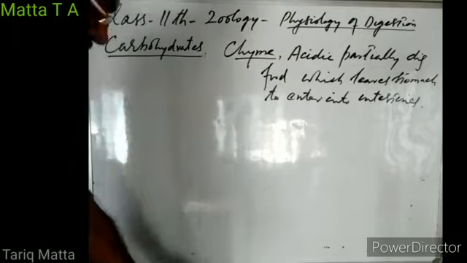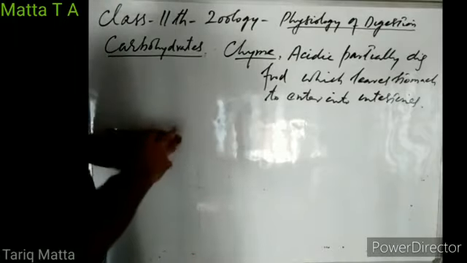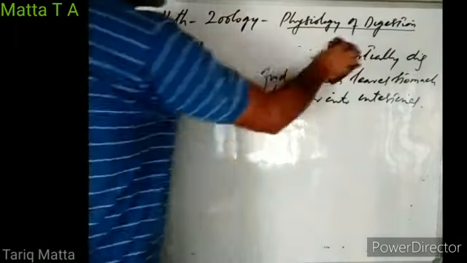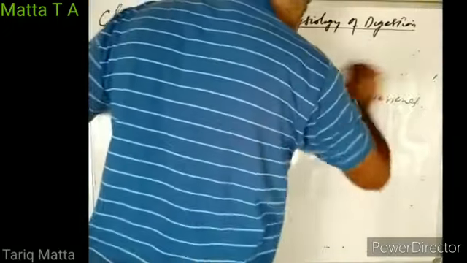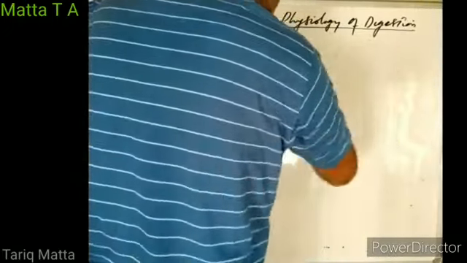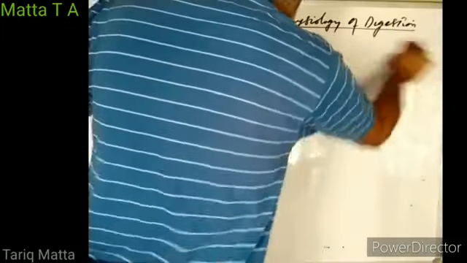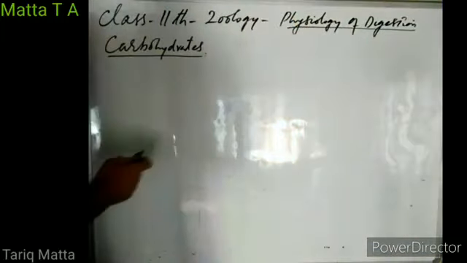So as the chyme enters into small intestine, first it comes in contact with the pancreatic amylase.